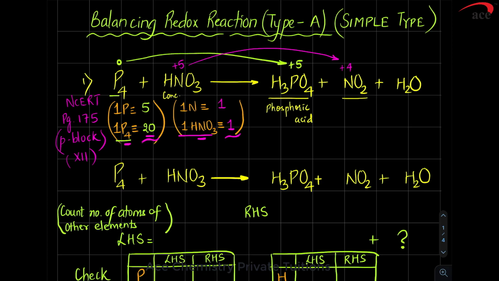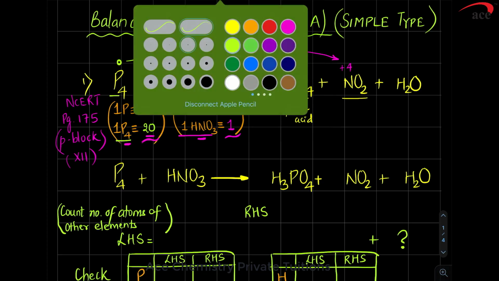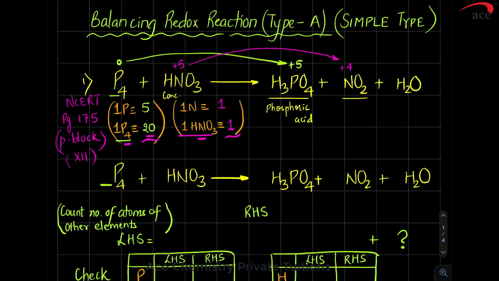But we know that for a balanced reaction the total exchange of electrons should be equal. So, what number should we multiply on this side and this side so that the number of electrons is equalized? Naturally here we multiply by 1, so 1 with 20, that means 20 electrons are undergoing a change, and in this case we will multiply by 20. 20 multiplied by 1 is 20.